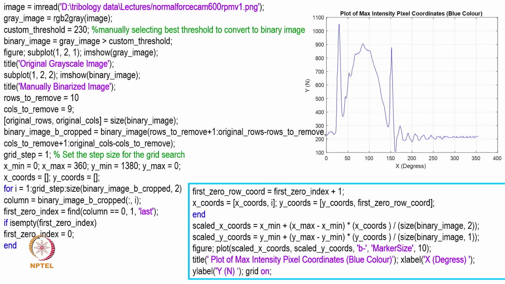However, here manually we can operate and we can say, yeah, there is something wrong. Here I have changed the line now. If I say, come up with a threshold, if the threshold is more than 230, then only you take the image, otherwise don't take the image. So this is the one modification I did for the blue color. The second thing is that we are removing here the 10 and then removing 9 also.